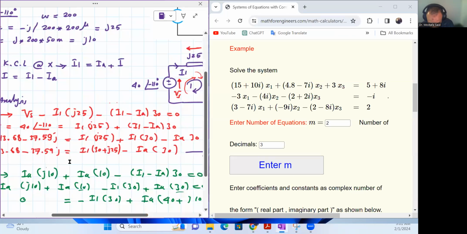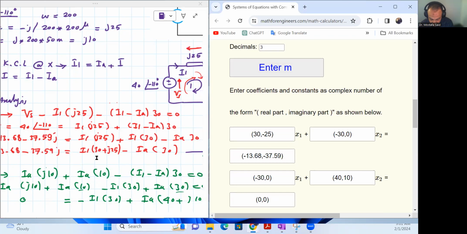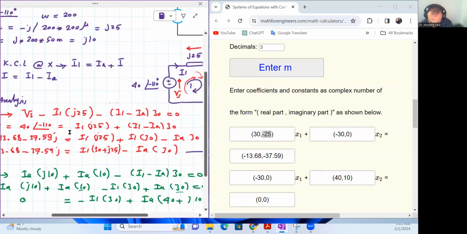Now, let's put this coefficient here. We put the coefficient of the first unknown, which is I1: 30 plus J25. So we write 30 in the first slot of the parentheses, then we write J25 in the second slot. Again, we might have a problem, because here it is negative and here it's positive.